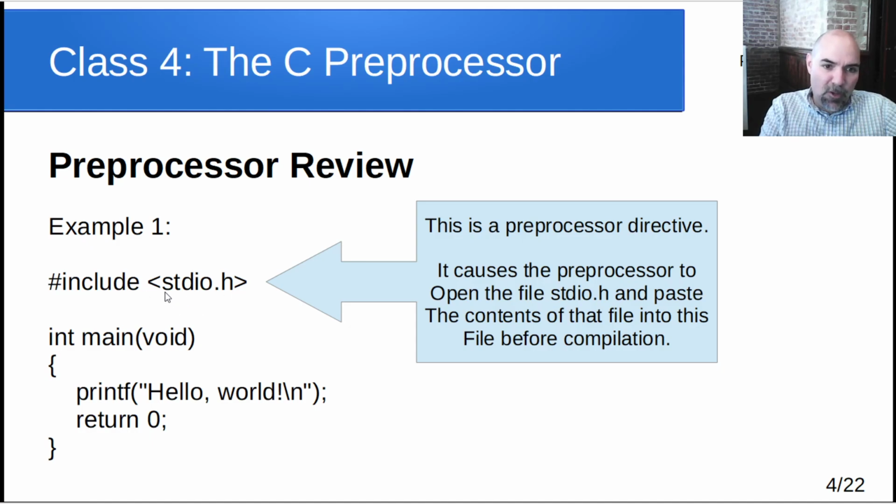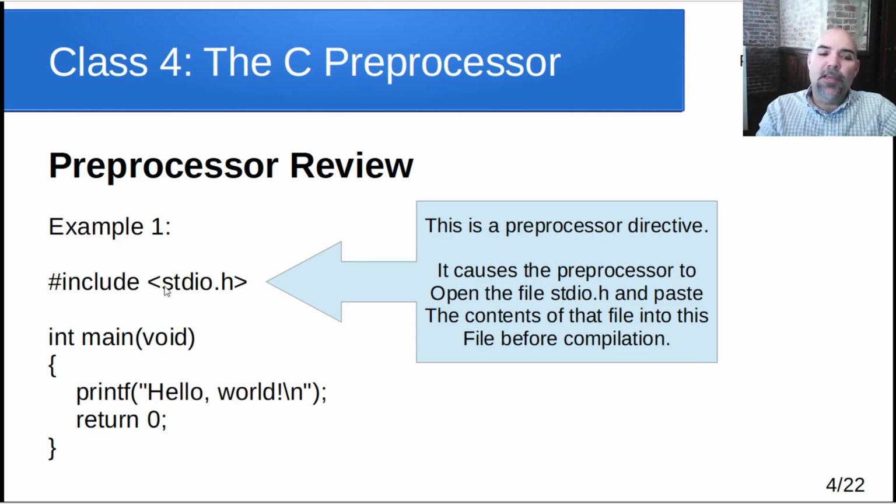I'm going to go out and open this file, and I'm going to paste the contents of that file into this one in place of this directive. So it's like cutting this line out and replacing it with the contents of this entire other file. This is all going to get expanded, and then that whole thing will move on to the compiler for the compilation process. But notice it's editing the source code by adding another file in place of this line.